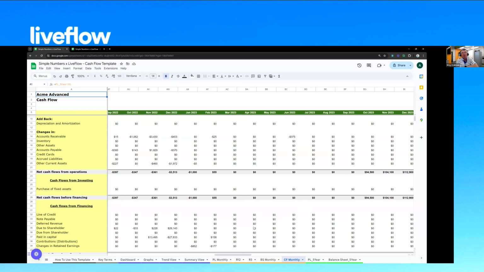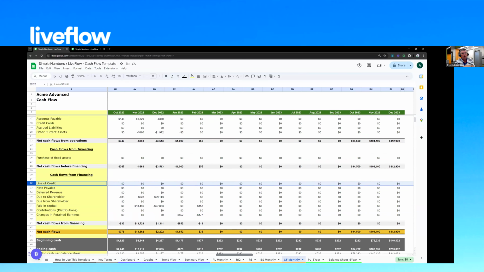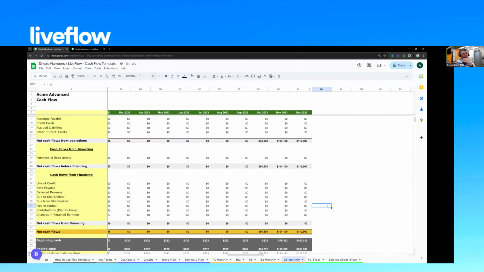Yeah, so from that tab, what you're really looking at, line 32, I would look at that line and see the ebbs and flows of, am I constantly producing positive cash flow from operations, or am I jumping around? That's the line that tells you, is my cash reserve sufficient?